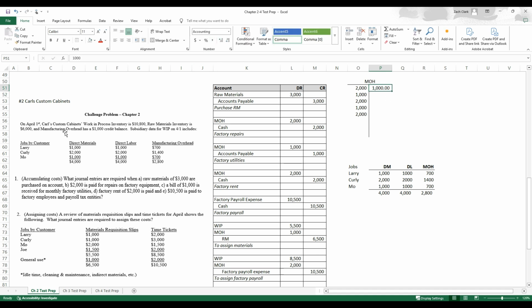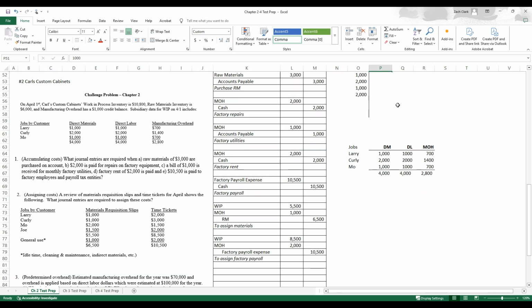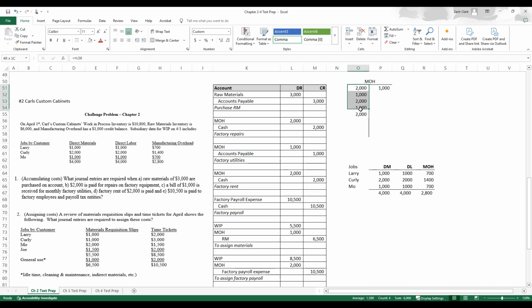It says overhead credit balance in overhead, so I'm just keeping that in there. Okay, so let's see where we are.